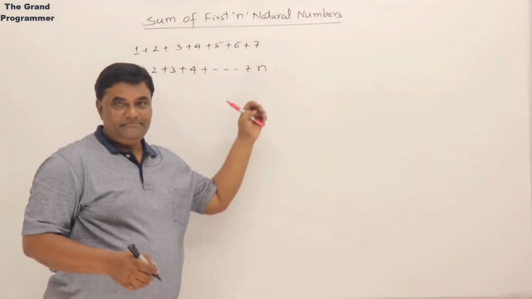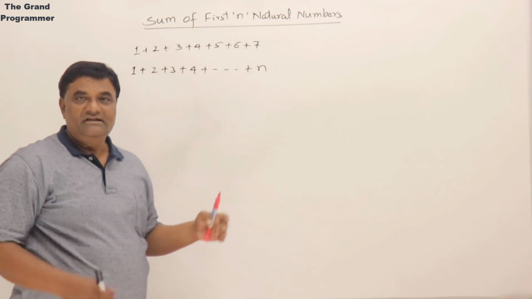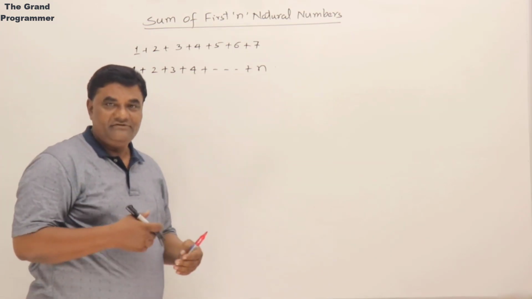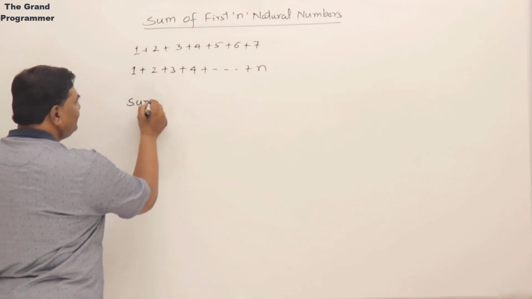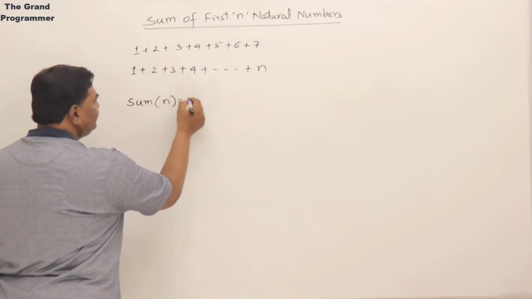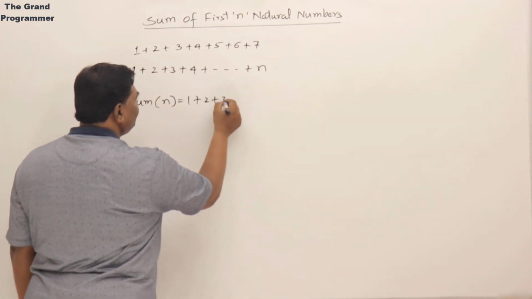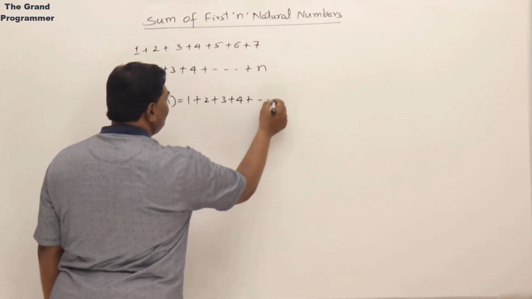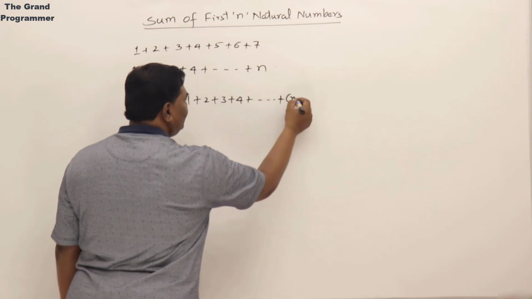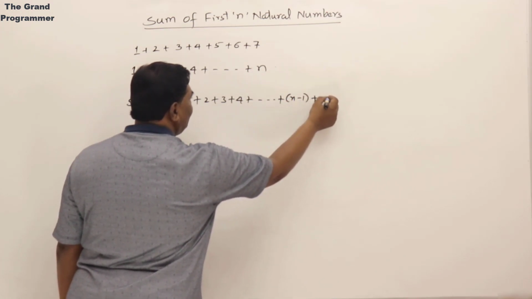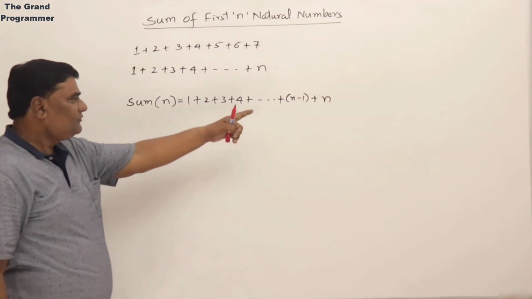Now for this summation, let us write a recursive definition. The sum of n terms is 1 plus 2 plus 3 plus 4 and so on, and before the nth term there will be n minus 1, then n. So I have included one more, the second last term.